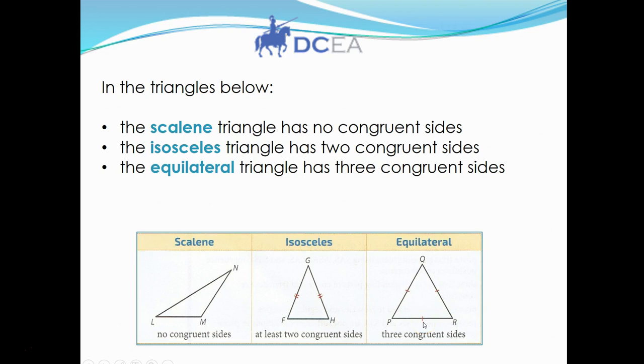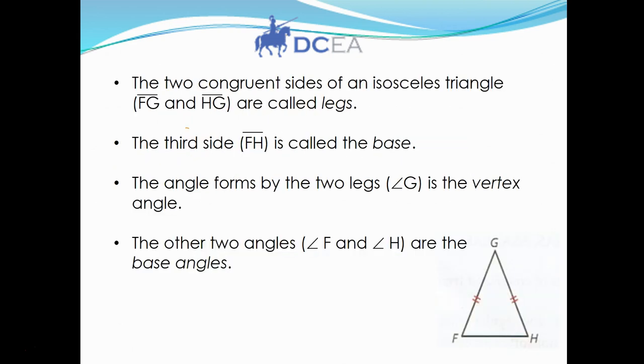Now, interestingly, your equilateral and equiangular triangles are the same triangles. It's a special condition, so all of these angles will also be equal. The two congruent sides of an isosceles triangle, FG and HG, are also called legs. The third side, FH, is called the base.